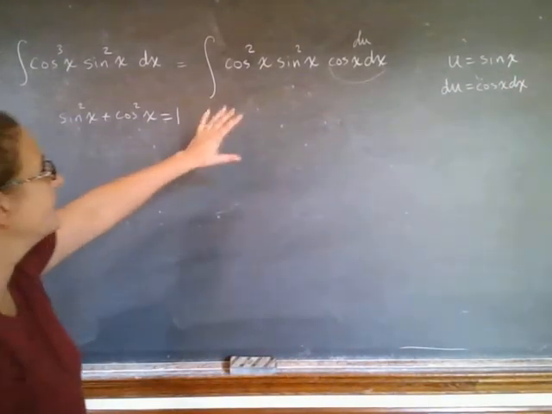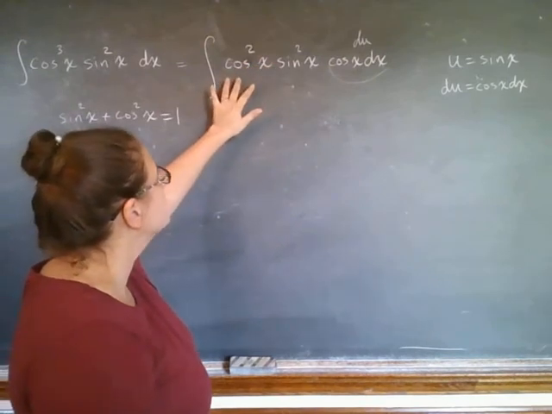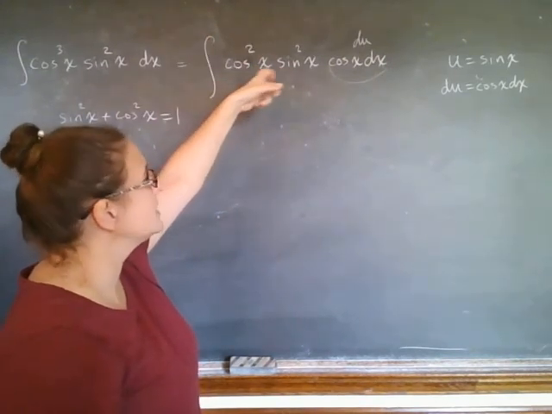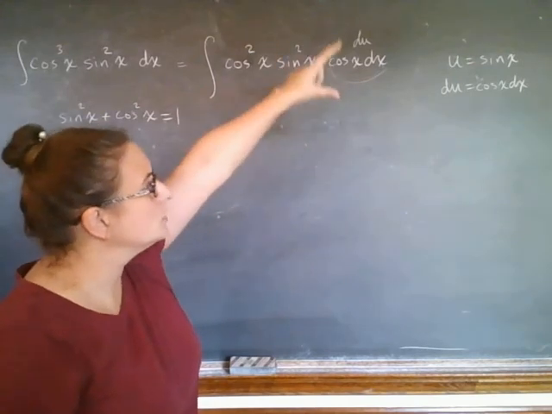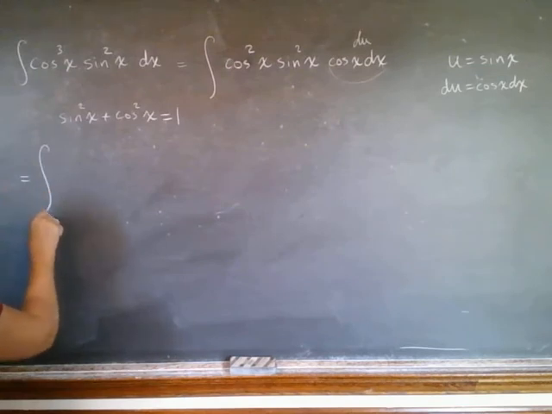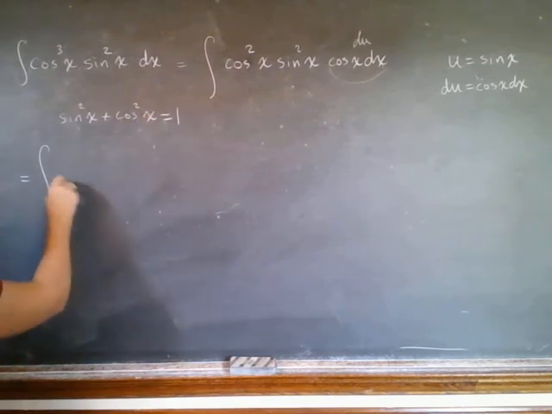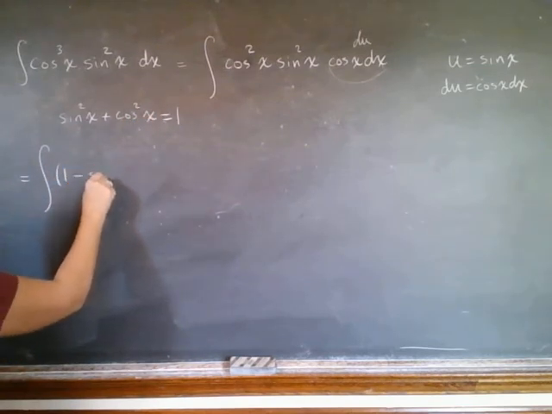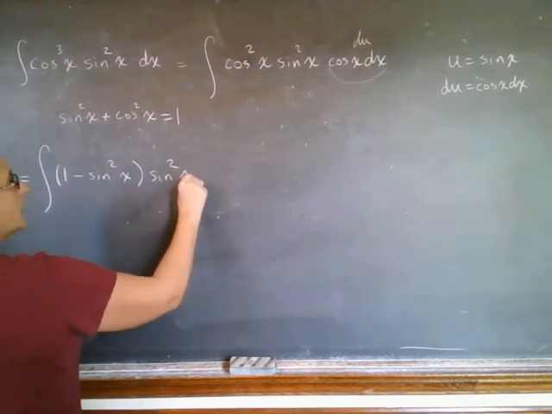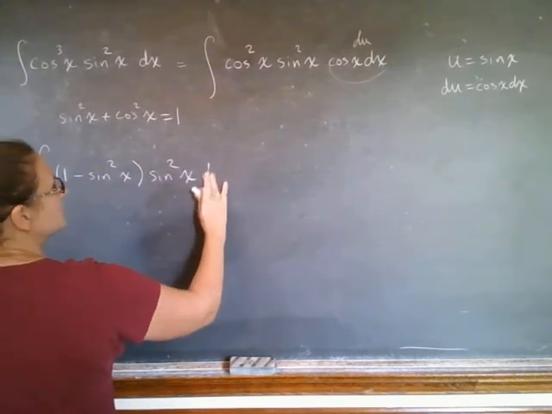I have some sines and some cosines. The sines are fine, but now I want to change my cosines to sines so that I can use this u substitution. So cosine squared is going to be 1 minus sine squared, and then I have sine squared x, and then cosine x dx.